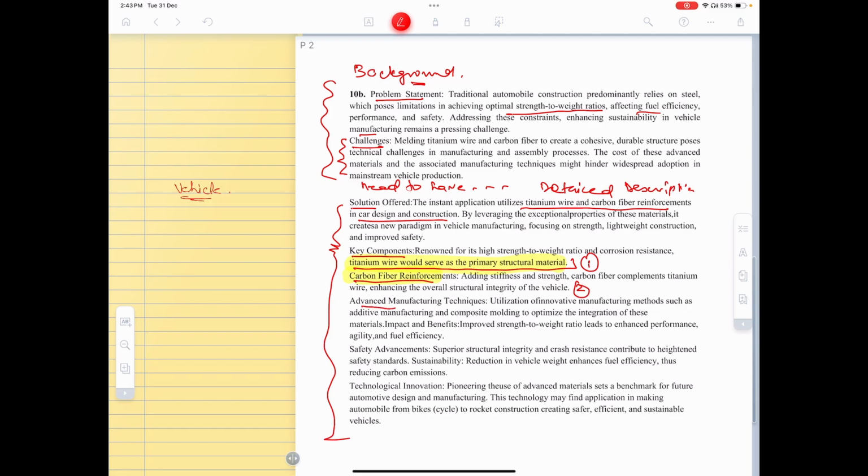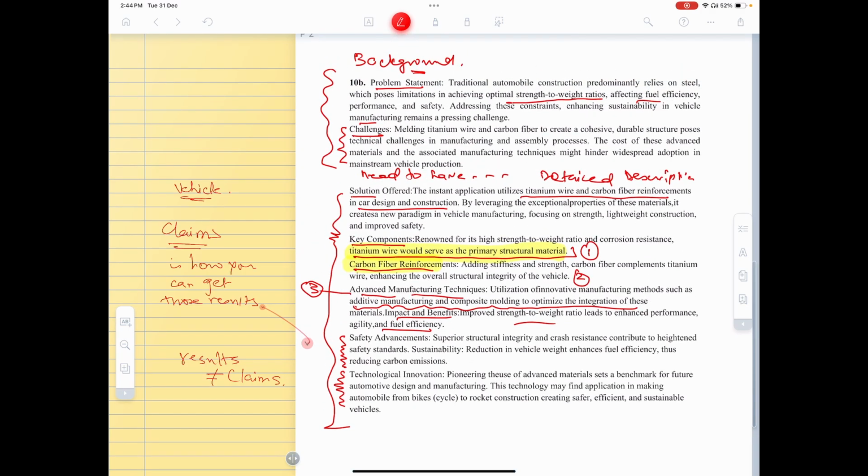Then this one could be claim number three. And as we discussed in previous videos, these will not form part of the claims because they are actually results. What you have in claims is how you can approach. So that is it, and this is the short information given to you.